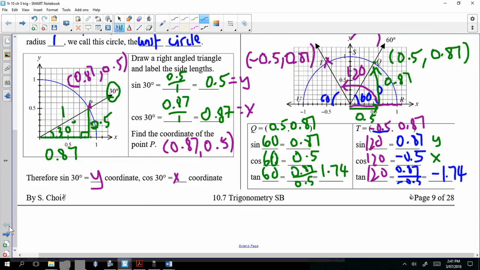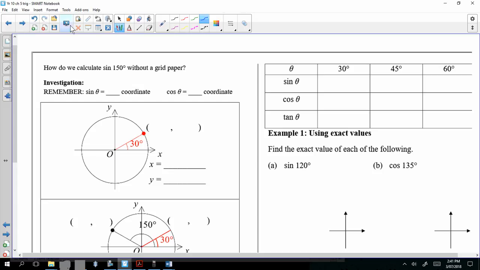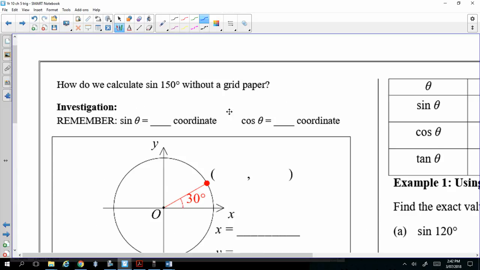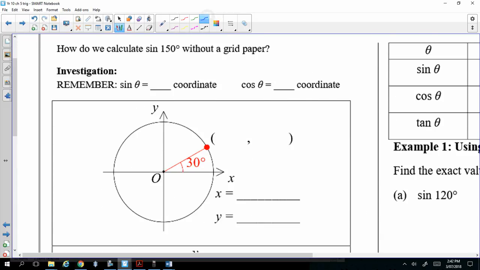All right. Now, how do we calculate sine 150 without grid paper? We use the circle again. Now, remember, what's the definition of sine theta? It is y. Cos theta is x. That's a new definition. Not opposite over hypotenuse. It's y and x. This will allow us to calculate angles of any magnitude.